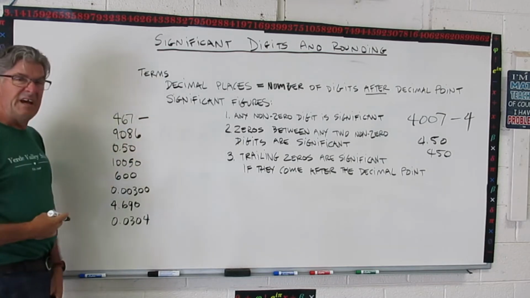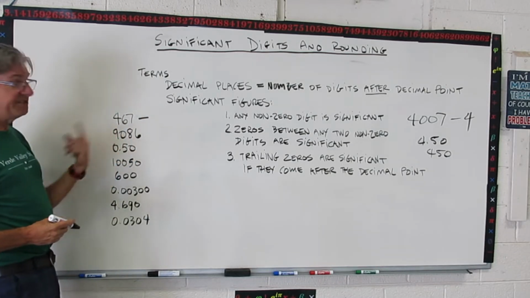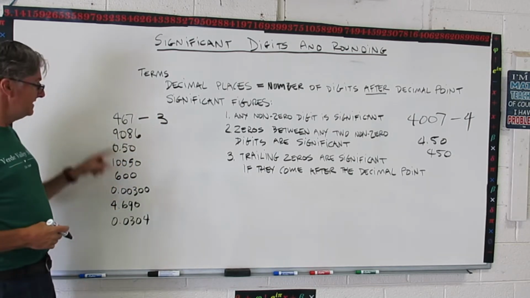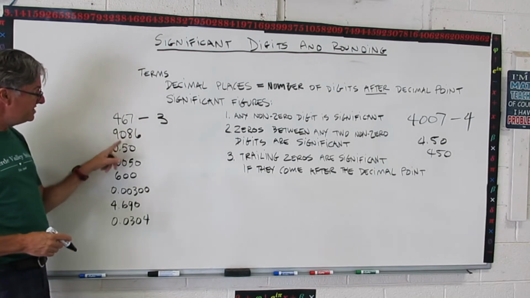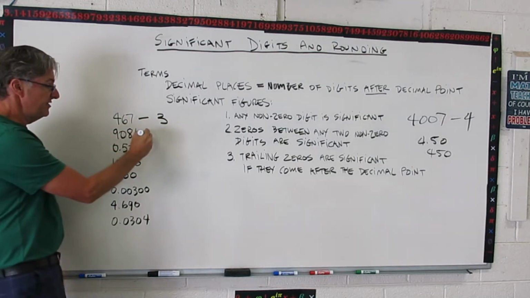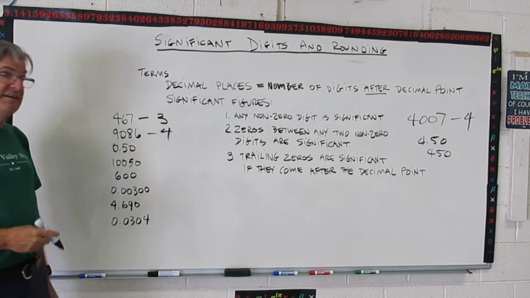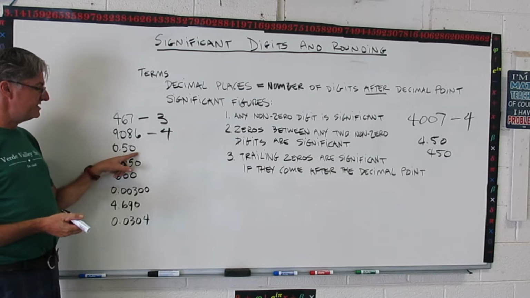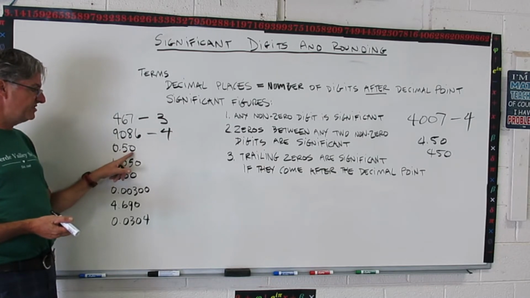This first one is pretty easy. I have 3 digits, they're all non-zero, so I've got 3 significant digits. Second one, I have 4 digits and the 0 is in between 2 non-zero. So this one has 4. Now this one is a little bit more tricky. Everything is to the right of the decimal, so I have a 5 and I have a 0.